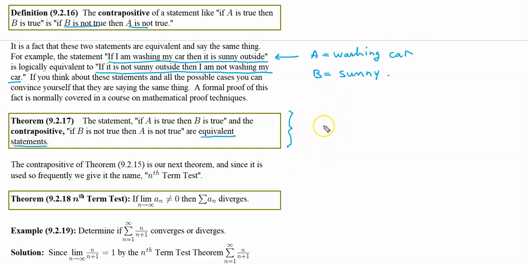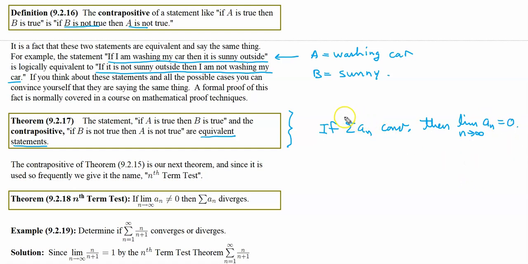It made the statement that if your series converges, then the limit as n goes to infinity of the an's is equal to 0.